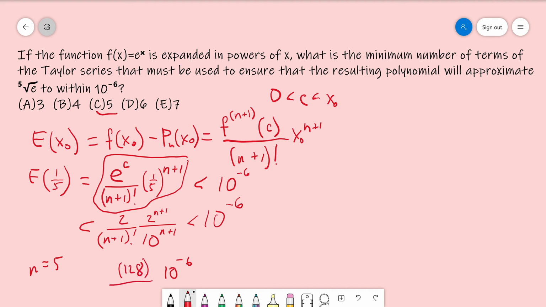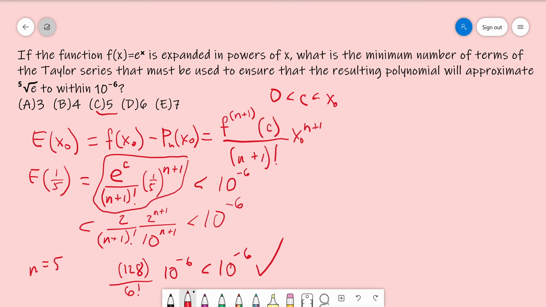And in the denominator, we're going to have 6 factorial. Well, 6 factorial is 720. 128 over 720 is definitely less than 1. So yeah, this is going to be less than 10 to the negative 6. So 5 works, but that doesn't mean necessarily that it's the right answer, because maybe 4 also satisfies the inequality, in which case the answer could be 4.